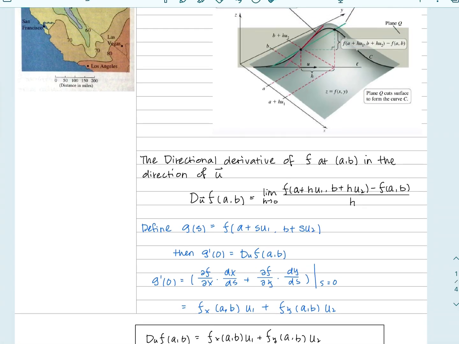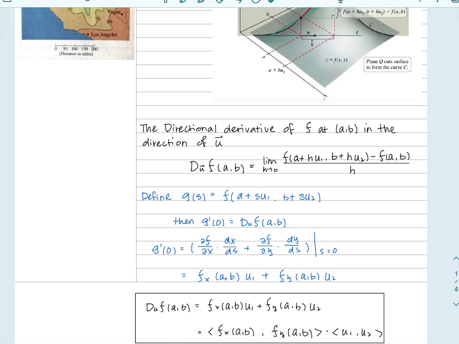For example, when s is 0, that's just the point a, b. Maybe when s is 1, the point is here, s is 2 is here, s is 3, s is 4. You can change the parameter s to get different points from a, b.